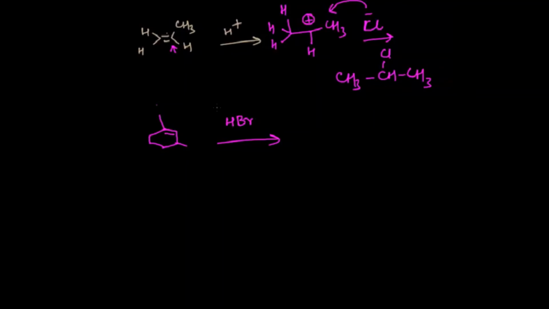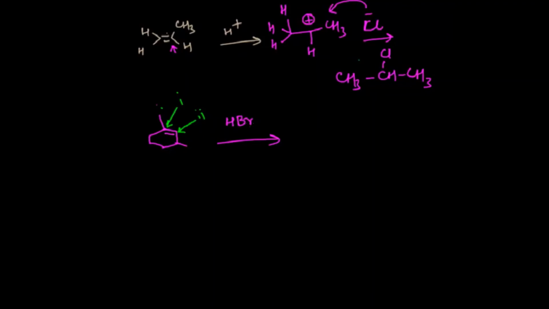Now in this case, the two bonded centers where formation of a carbocation is possible are first this, and another is this one, this is 2. Out of these two, where is the most stable carbocation expected? Definitely we can identify this particular carbon, the first one, as generating the more stable carbocation.